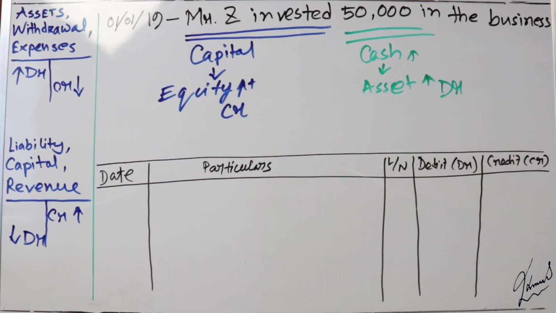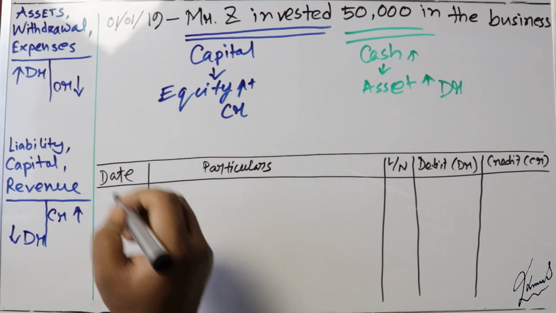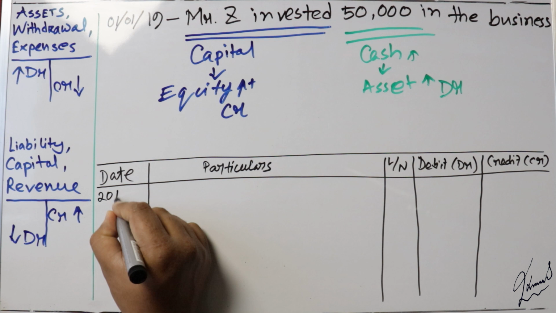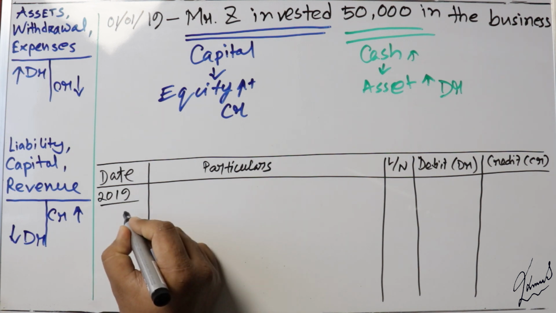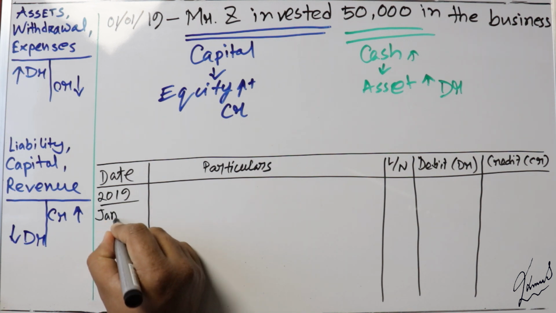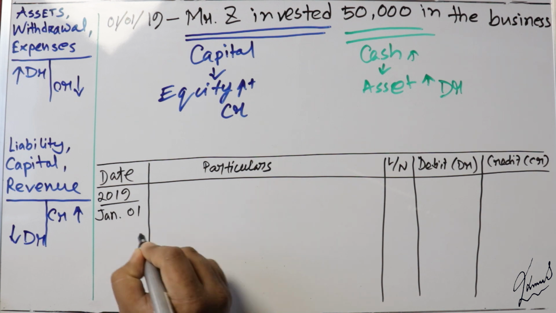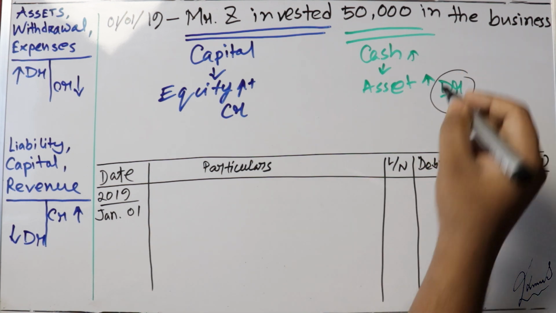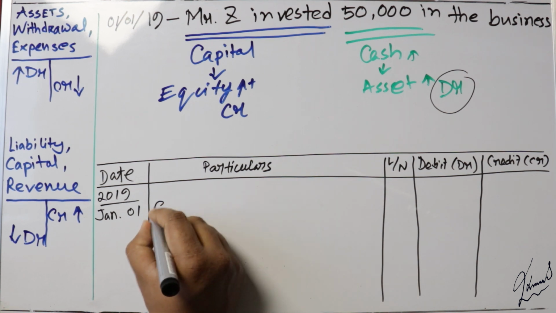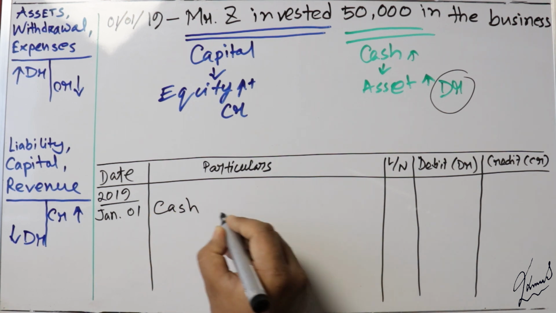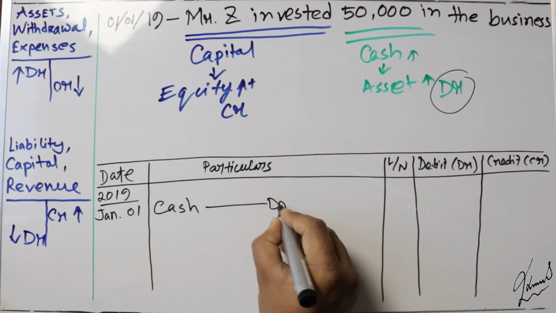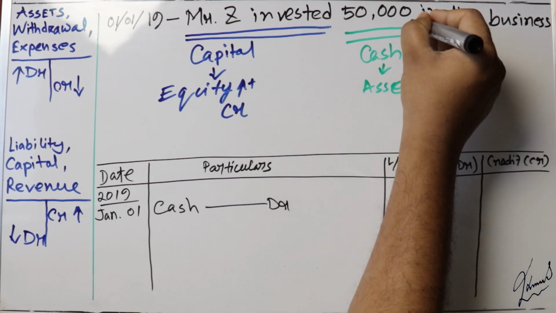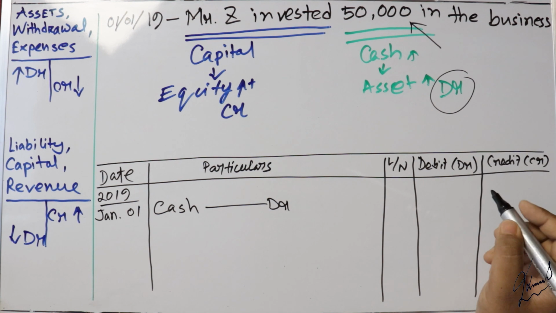So at first we have to put the date. You have to remember, for every transaction we have to put the date. So first of all, we have to put the debit account. For every transaction that we journalize, we have to take the debit account first. So cash debit, and the amount is 50,000.